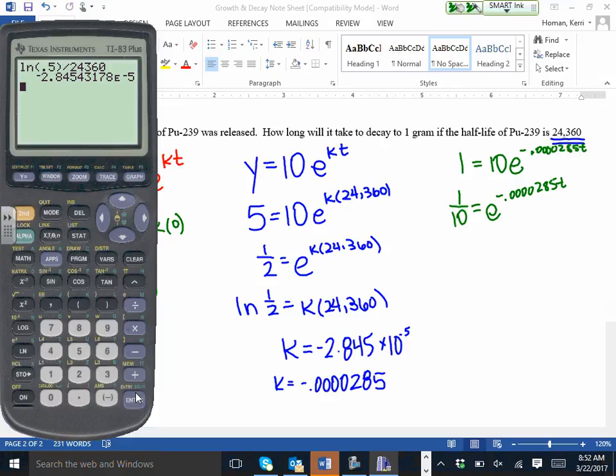Then what do we have to do? Natural log. Thank you. So we have the natural log of 1/10 equals negative 0.0000285 times t.